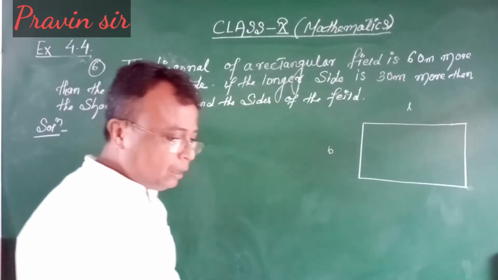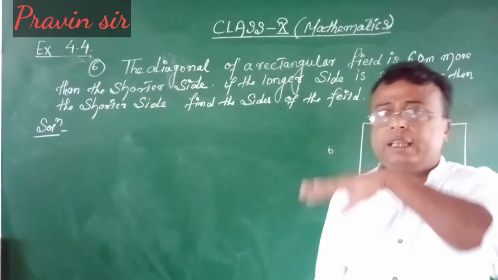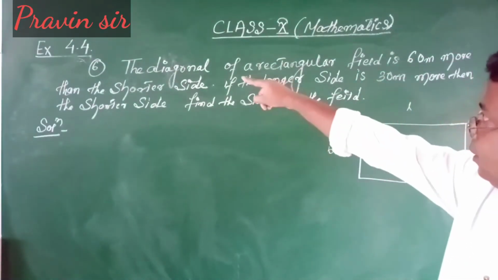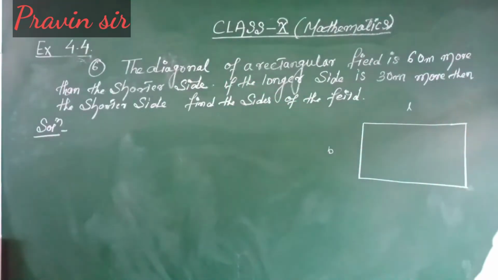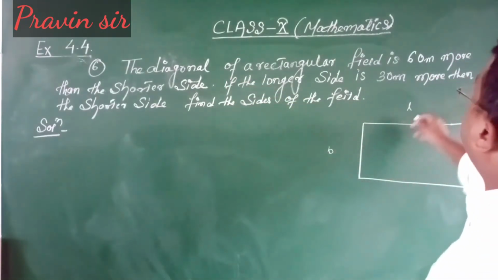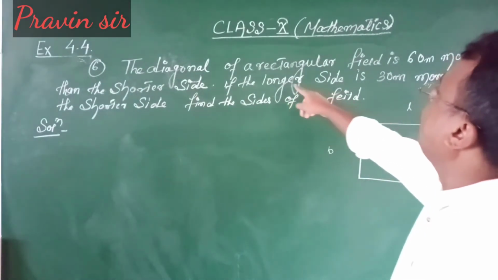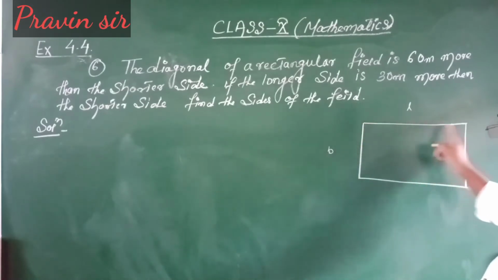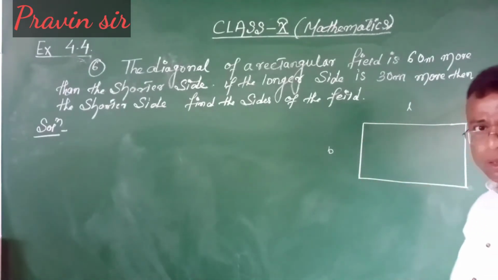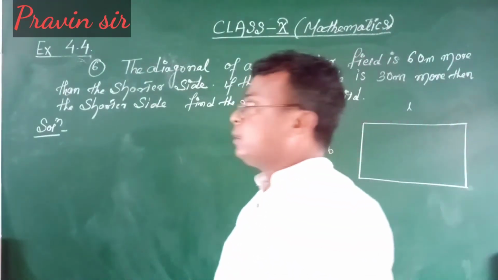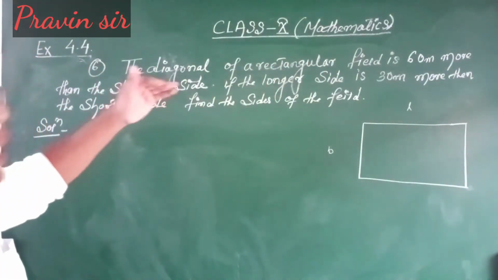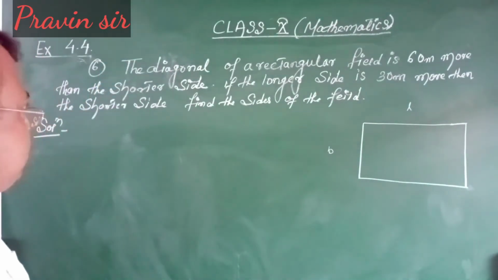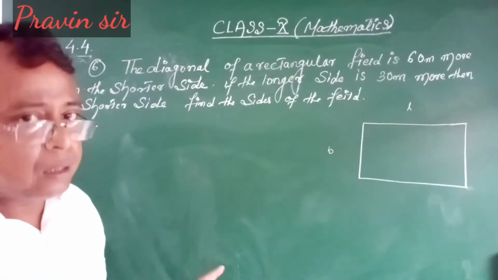Okay. Now the question is, which thing is totally unknown to you in this question? For diagonal, some hint is given, and for the longer side also some hint is given. Suppose this is the longer side and this is the shorter side. But for shorter side nothing is given.